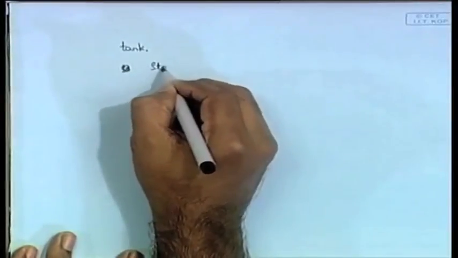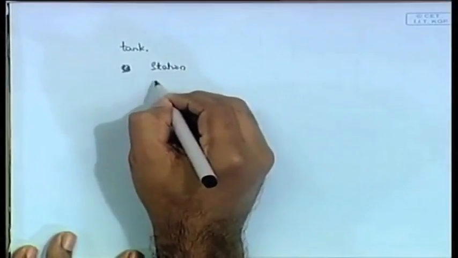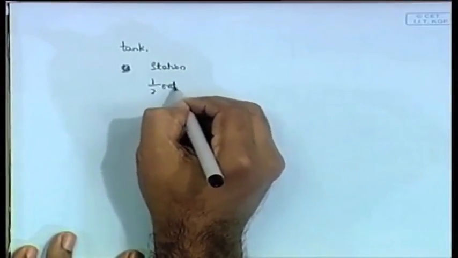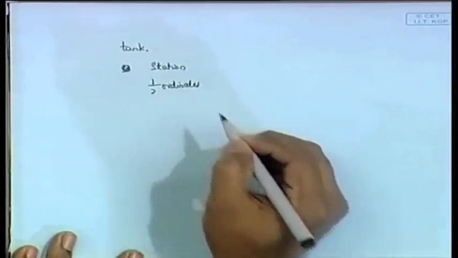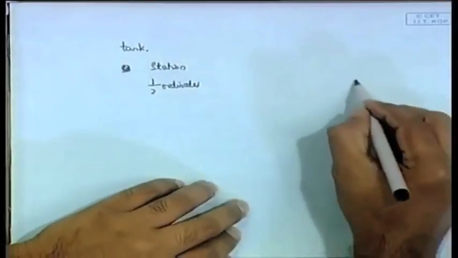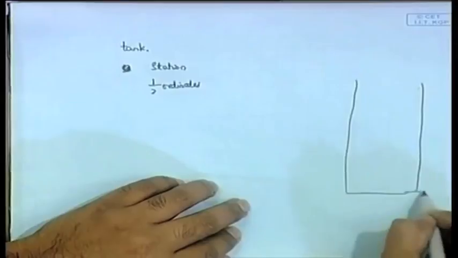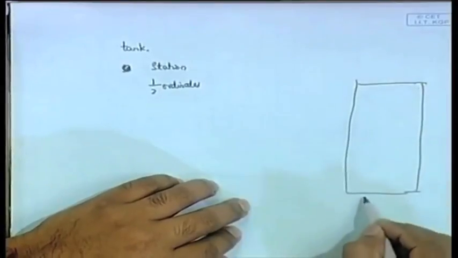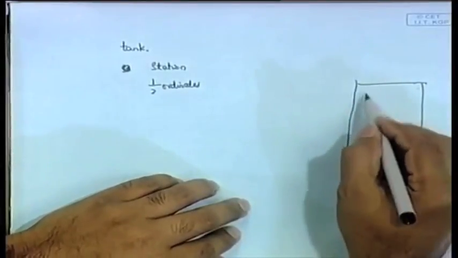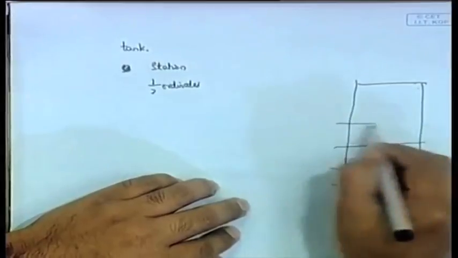Let us divide this in the same way as stations and half ordinates. You have this whole long tank, let us say this is the aft of the ship and this is the forward of the ship. This is divided into stations.